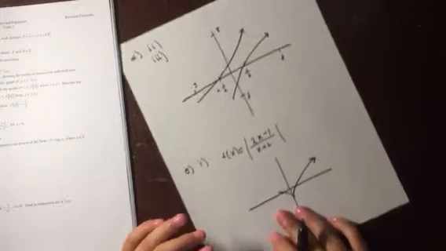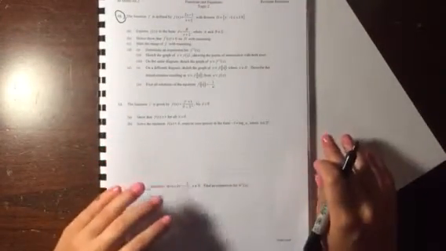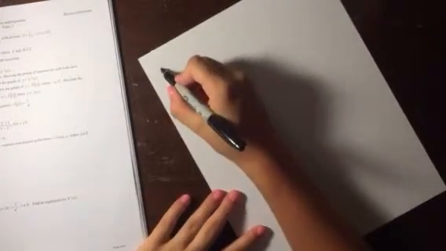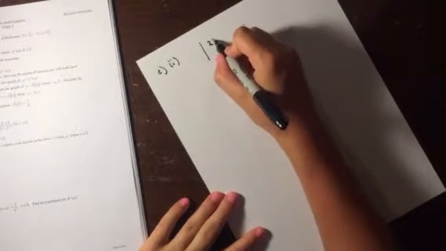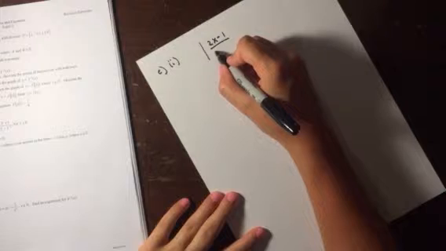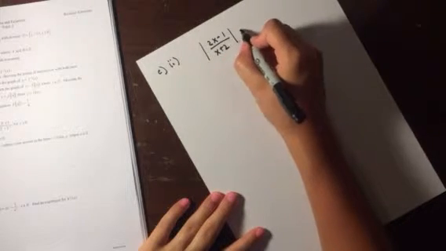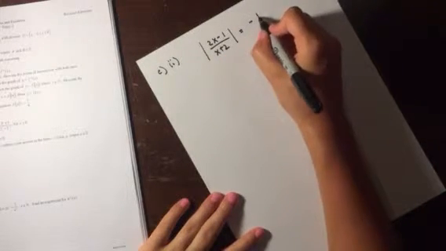So that's E1. And then the final part of our problem here says find all solutions of the equation f of the absolute value of x equals -1/4. So here we'll just set it equal absolute value of 2x minus 1 all over x plus 2 equals -1/4.